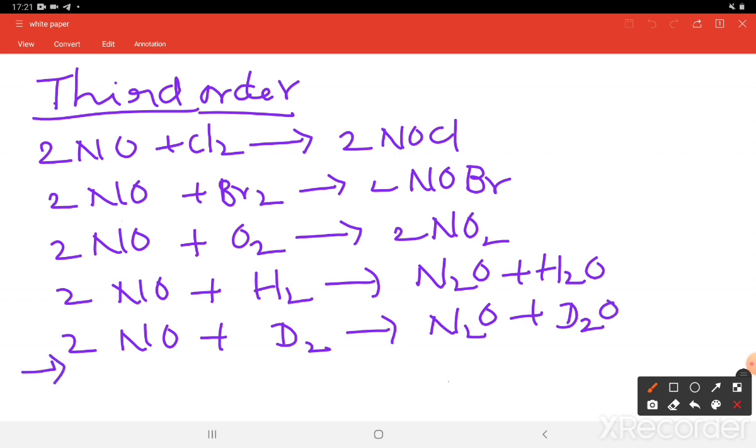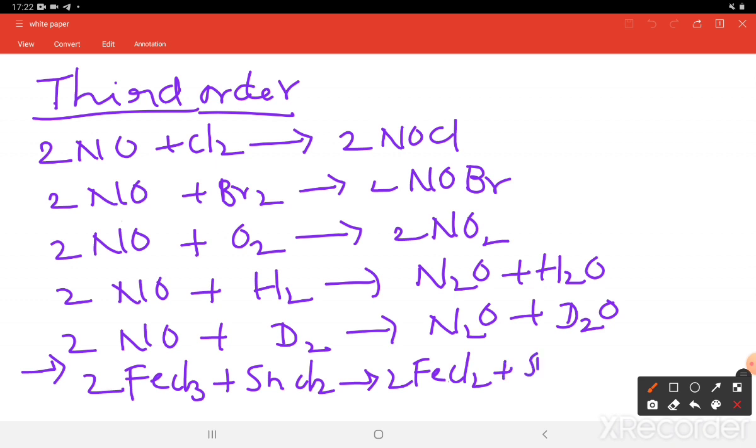Also, reduction of ferric chloride by stannous chloride. This is also a third order reaction.